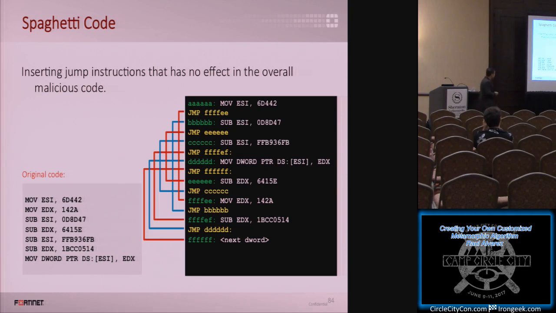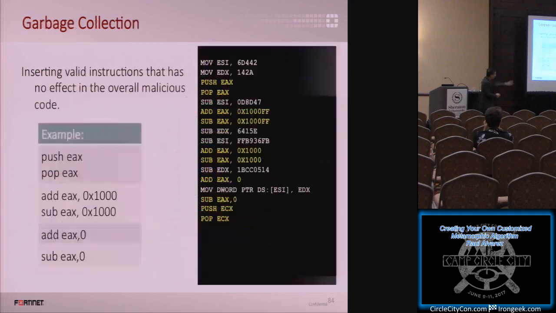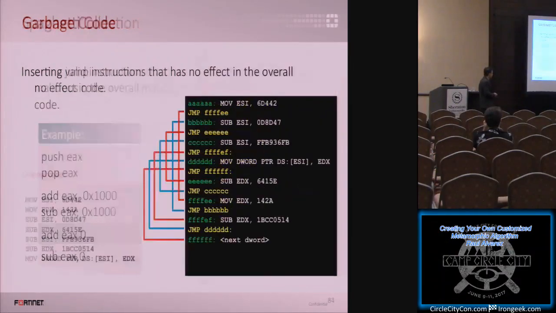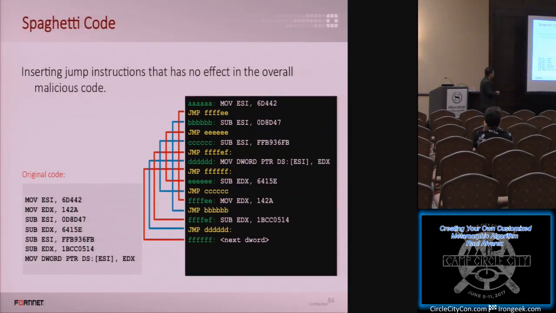Again, this particular part is similar to the white instructions here, the same set of instructions. But you can put spaghetti code jumping all over the code, and rearrange. The first instruction here is mov ESI, 6D442. Where is it?